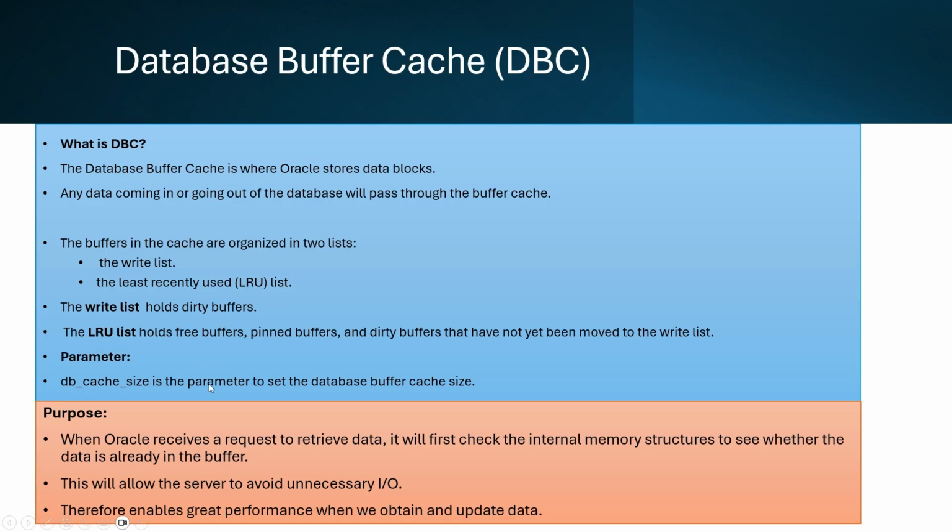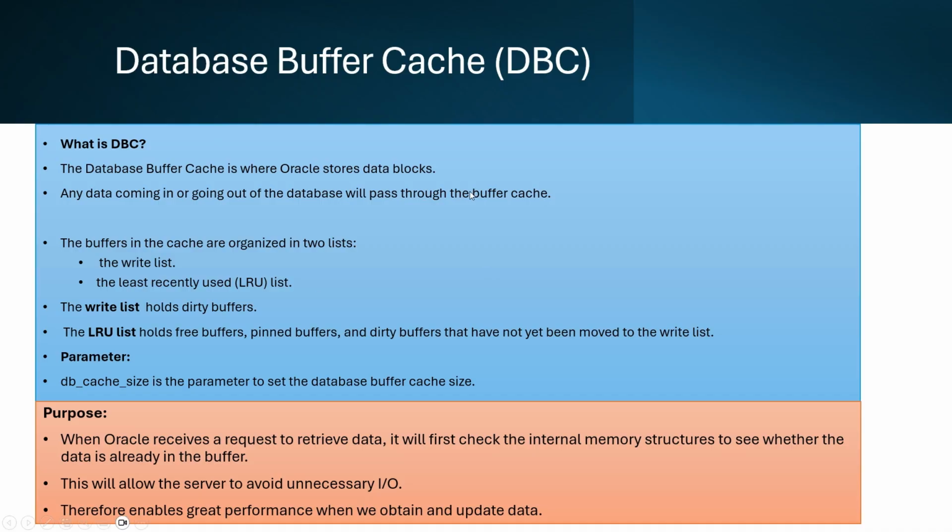We need to reduce those disk reads so that it reduces unnecessary IO. For that reason, the buffer cache is responsible for holding data blocks temporarily to have quicker access to the data whenever a request comes from a user.